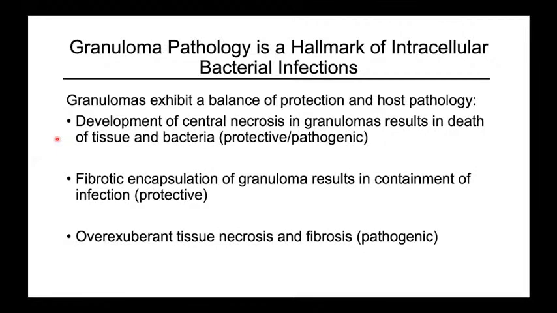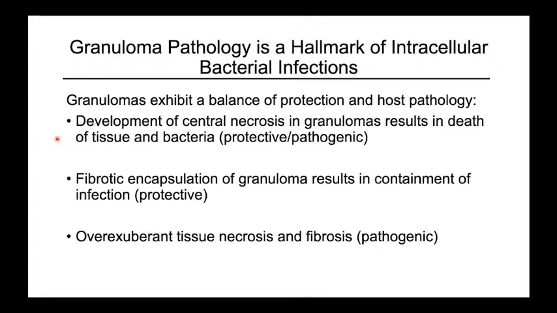Also, sometimes with these granulomas, you get development of central necrosis, because I'm sure you've seen how all your immune cells come in and try to wall off this infected area. And then sometimes you even get fibrosis, so that whole infected area is walled off. Of course, with that fibrosis, you don't get very good circulation in the center of the granuloma, and that's what leads to necrosis.